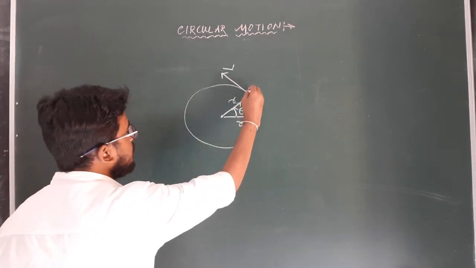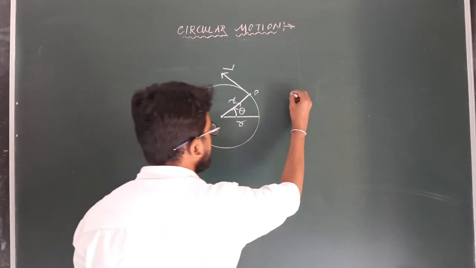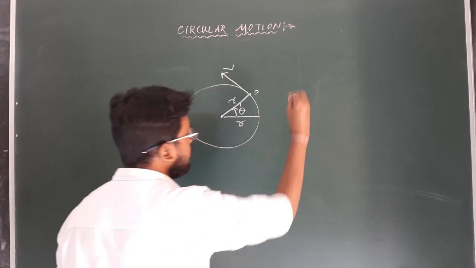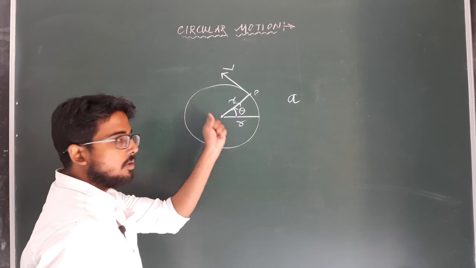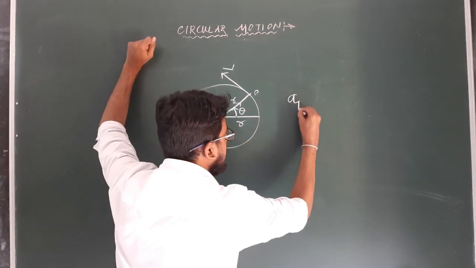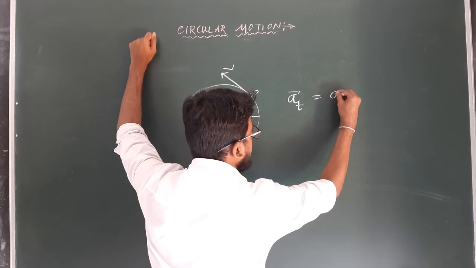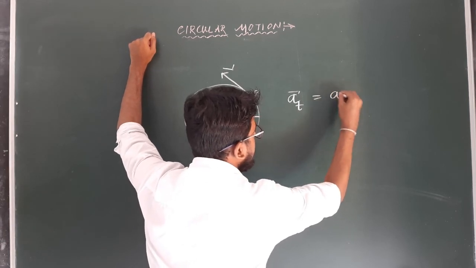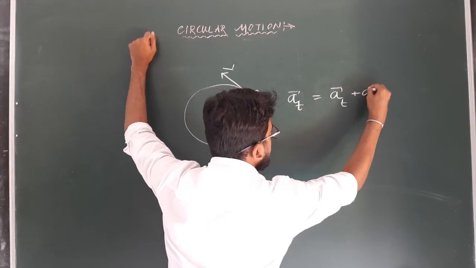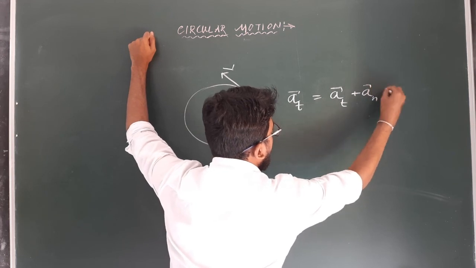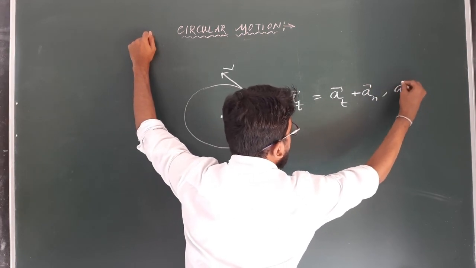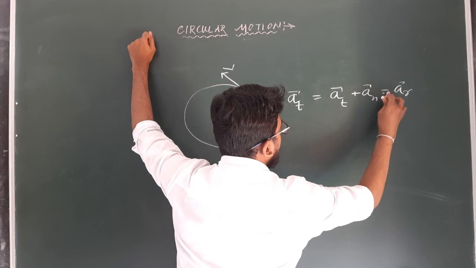And the total linear acceleration of the particle performing circular motion is equal to what? The sum of two components, one is a tangential and the other one is a normal or a radial.